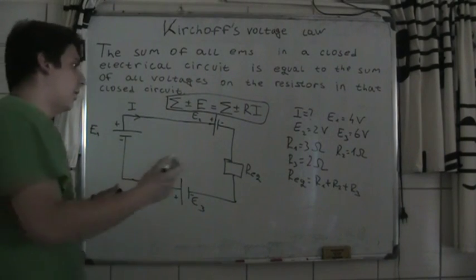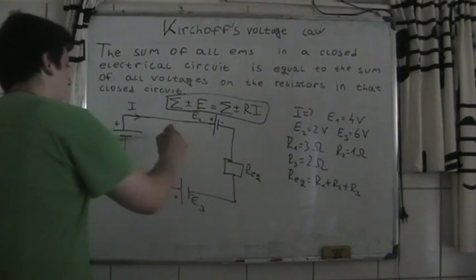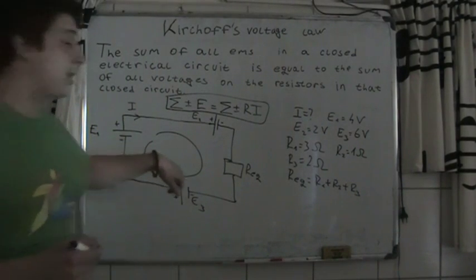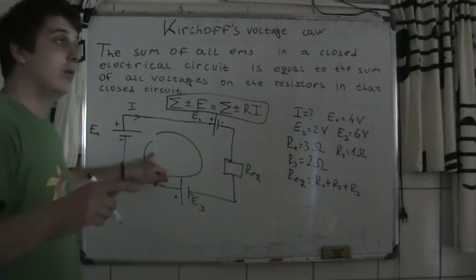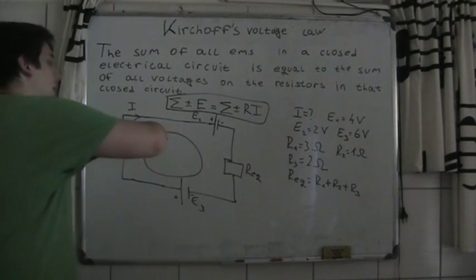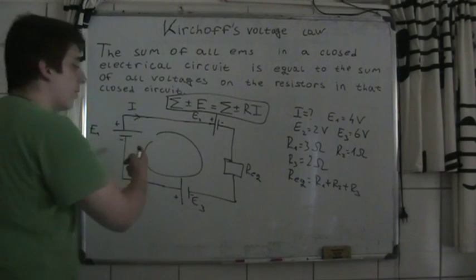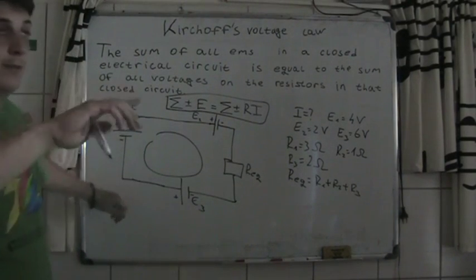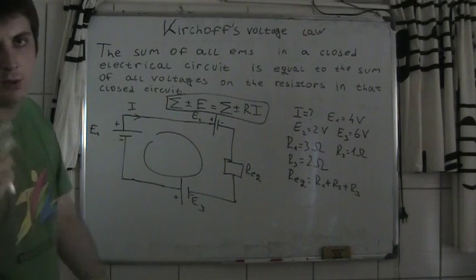First, you have to make a closed loop right here, like this, and you put the direction in which we are going to go and solve this problem. We can go in this direction, or we can go in this direction. Let's do both.